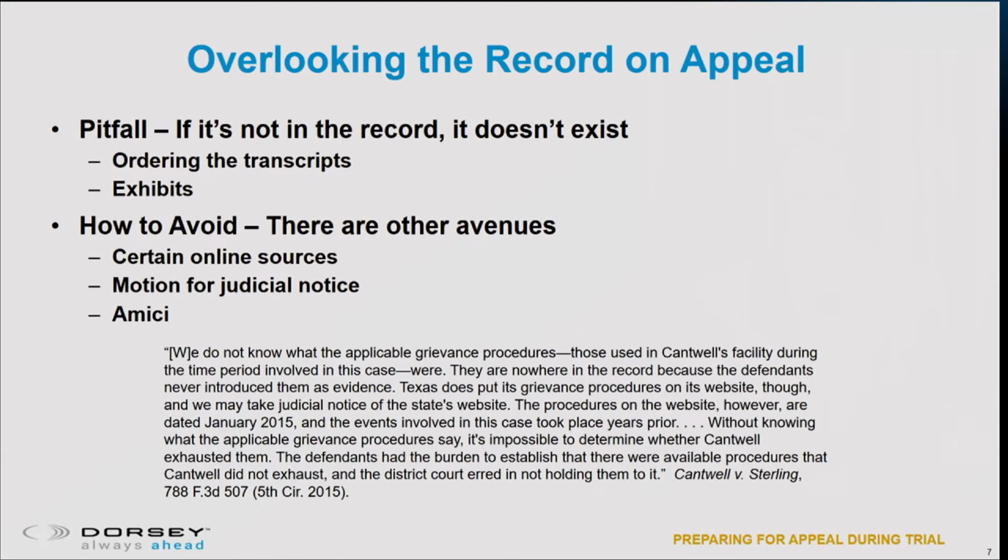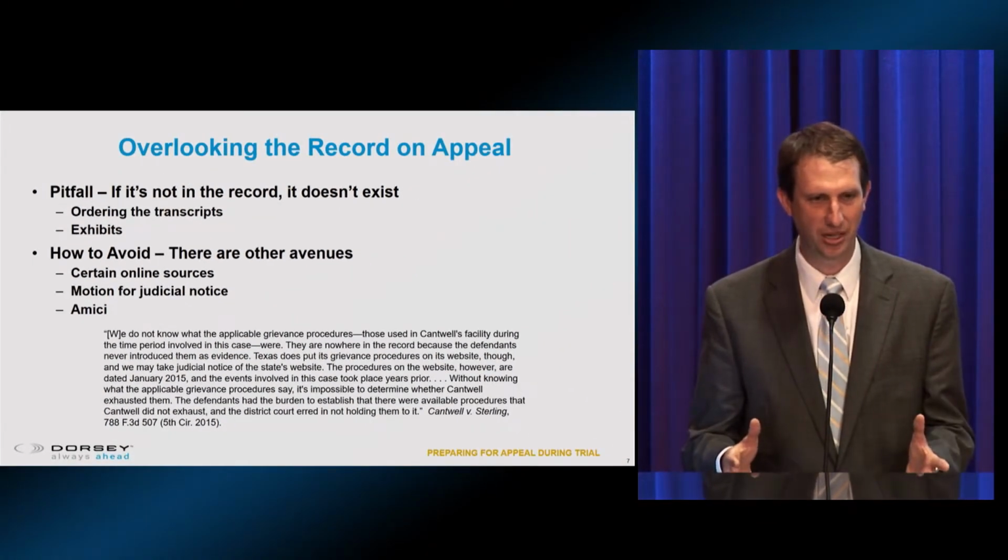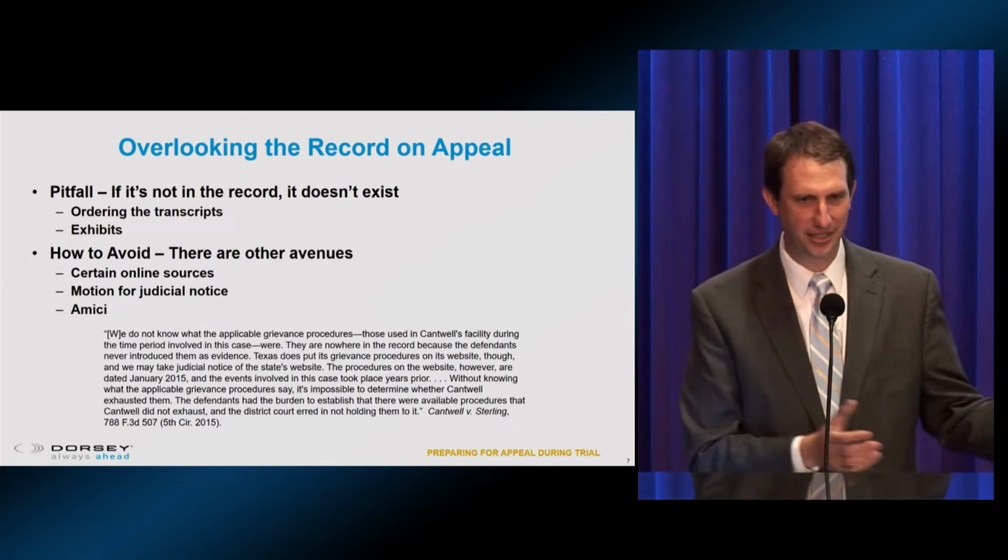It said, okay, but that's not fatal here. We could go online because you have these processes published online, and we can take judicial notice of that. But then it went there and saw that the only year they had available online was already after the incidents had occurred.